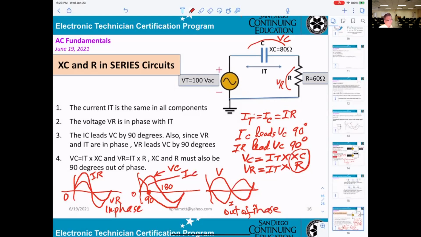Is it in phase, or if it's not, then what happened? 90 degrees out of phase. They are out of phase right here, right? They say 90 degrees out of phase. I agree. However, which one will be leading? Now I'm asking about I and C. I see, C will be leading.